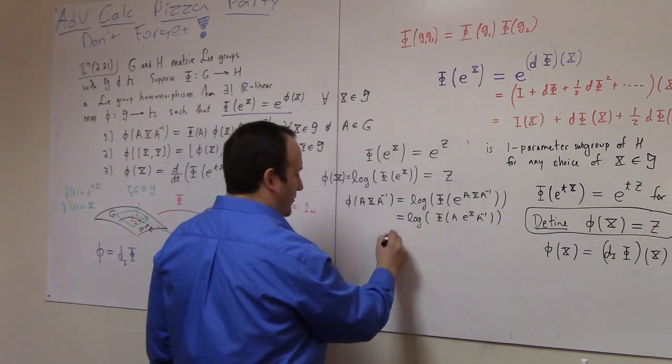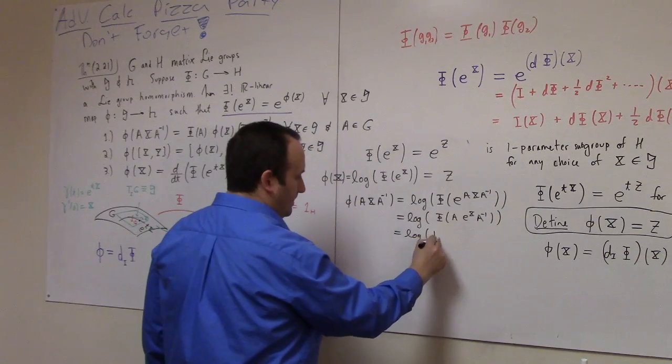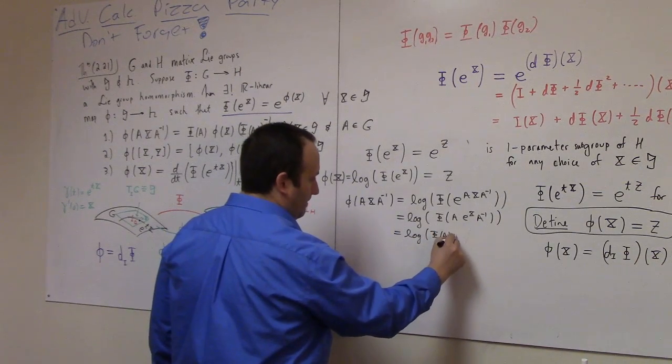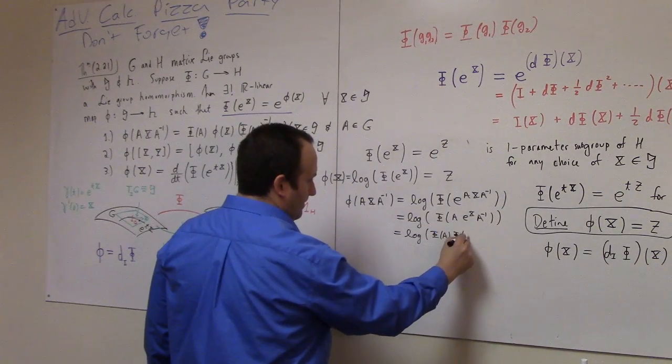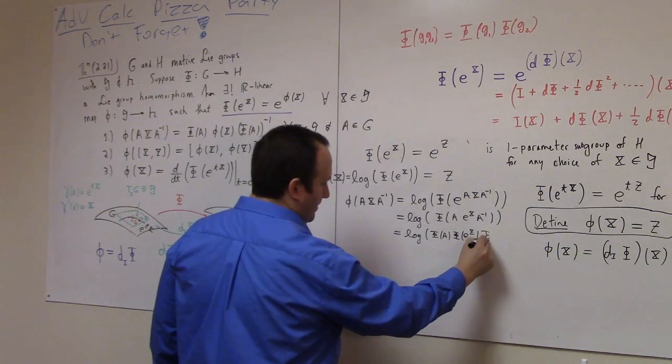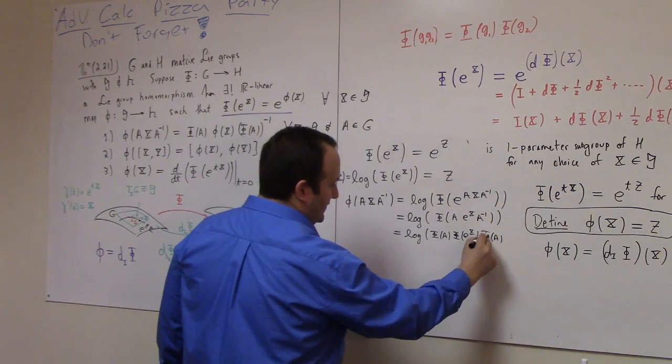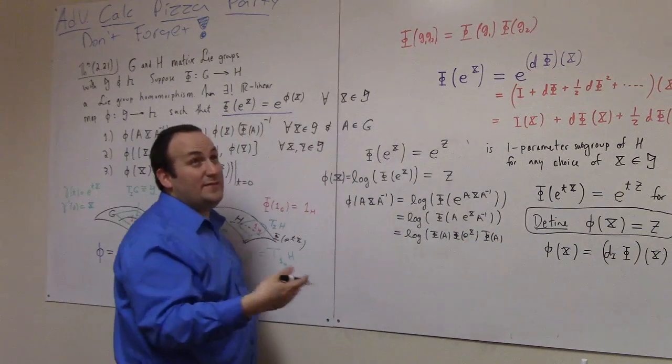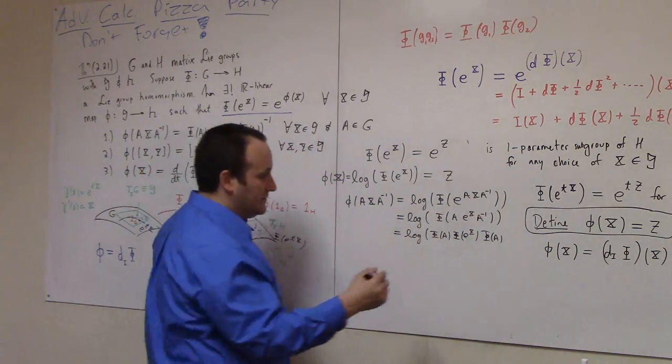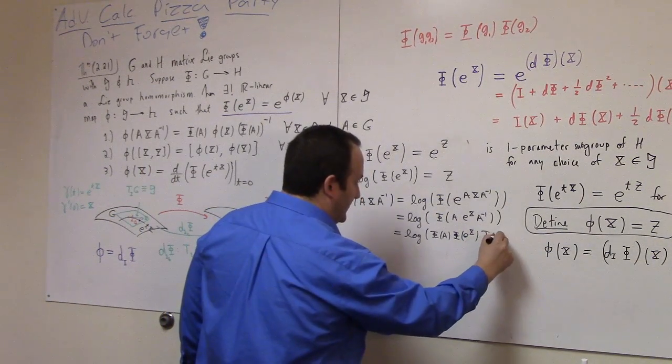But then this is a group homomorphism. By the way, the image of the inverse is the inverse of the image, so it doesn't matter if I put the inverse inside or outside there.